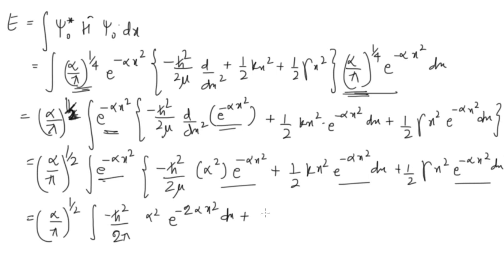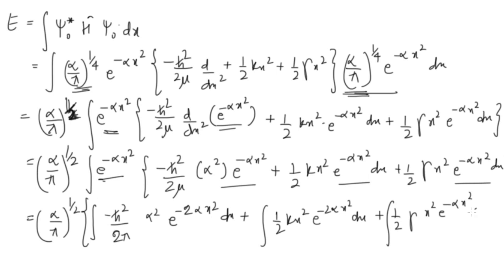Plus the integration of half k x square e to the power minus 2 alpha x square dx, and then plus half gamma x square e to the power minus alpha x square dx.